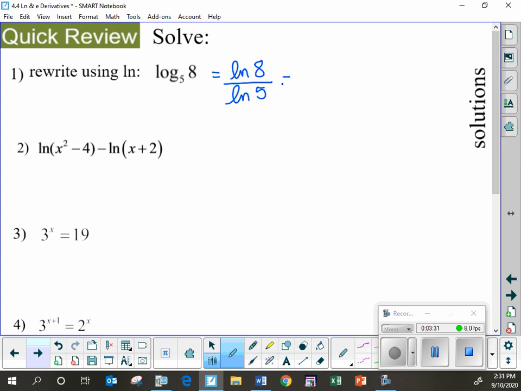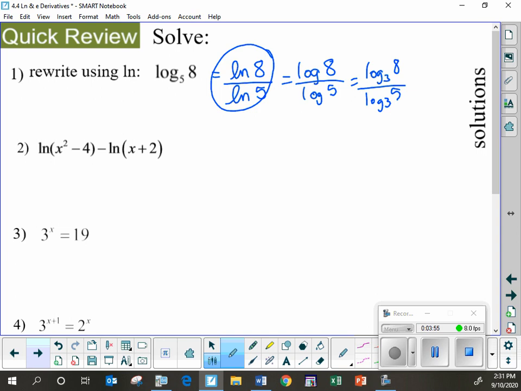It would also be true that I could write this as log of 8 over log of 5. You could even say it's log base 3 of 8 over log base 3 of 5. All of these will give us the same value. I think this is the one they were getting at when they said rewrite using ln's.